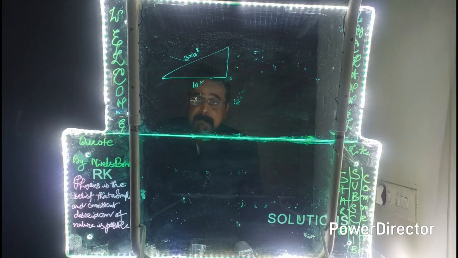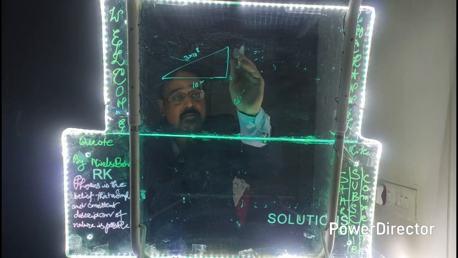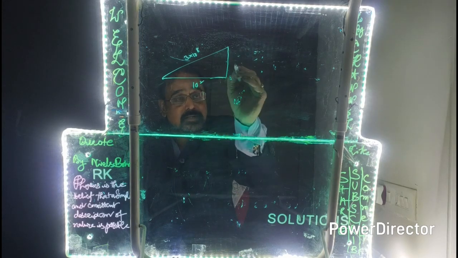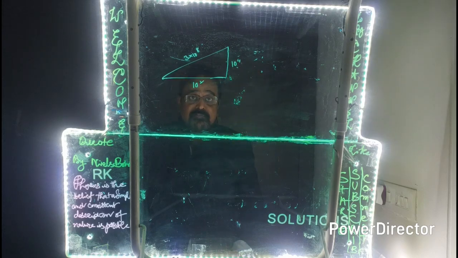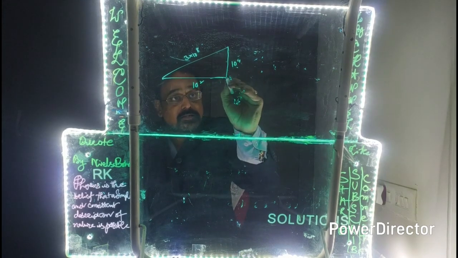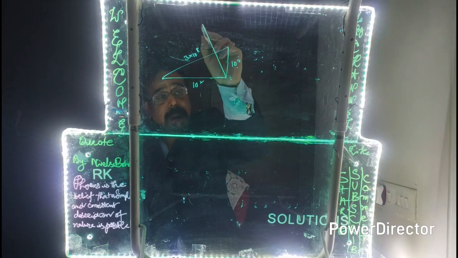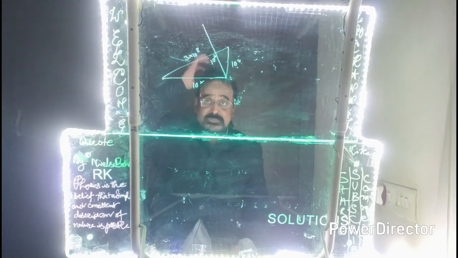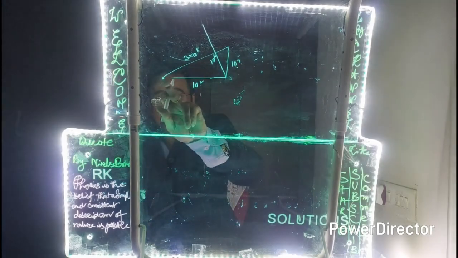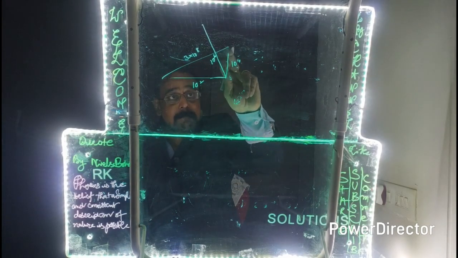So 10 squared, and 10 raised to 4 if you take, and you take normal, this will become 10 raised to 6. Let us not connect these two right now.